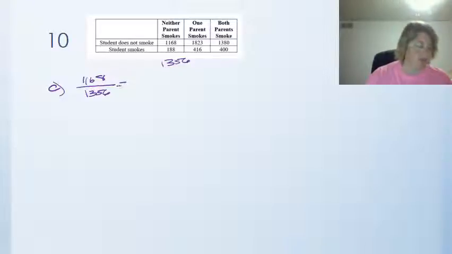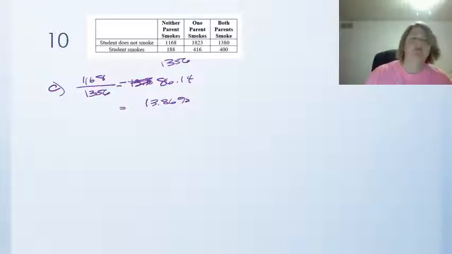So that's what goes on the bottom. So this would be 86.14%, oh sorry, I wrote the wrong number down. And then we could find the percent of students who smoke given that neither parent smokes by taking 188 divided by 1356, or we could just subtract this from 100, and that would be 13.86%.